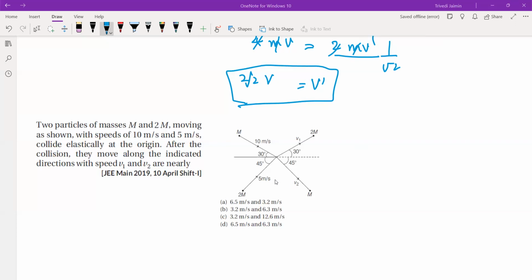Are you able to solve? Say something so I can understand. Yeah, you're doing it.